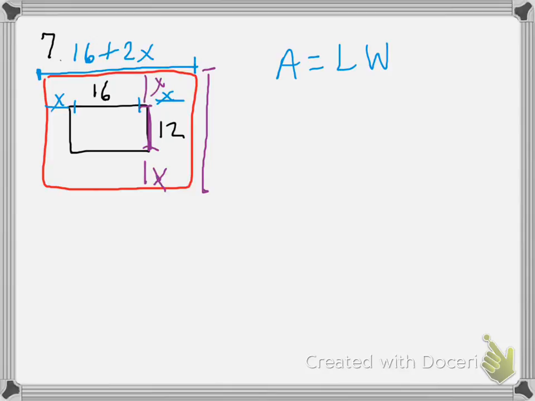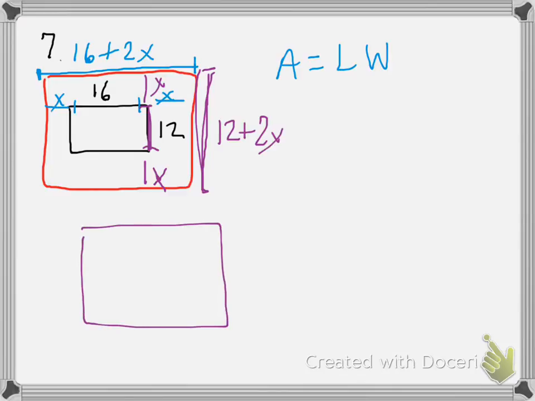So from here to here is x and x. So the whole thing is going to be 12 plus 2x. Now if I erase the middle part of the pathway, the length is 16 plus 2x and the width is 12 plus 2x.